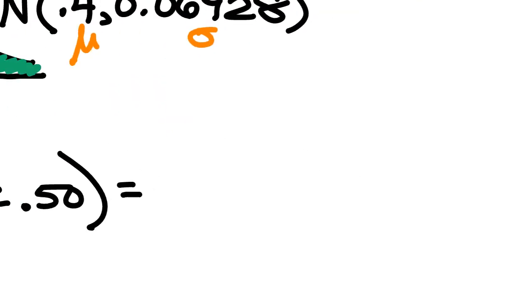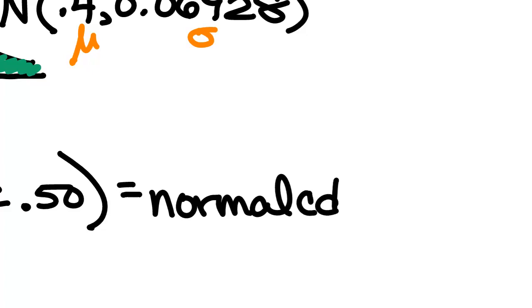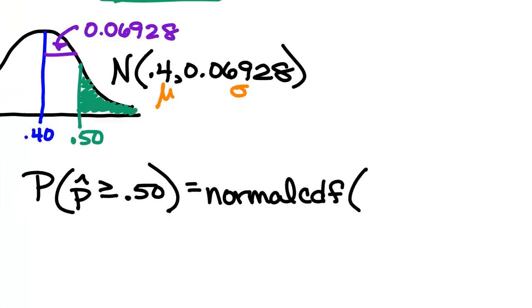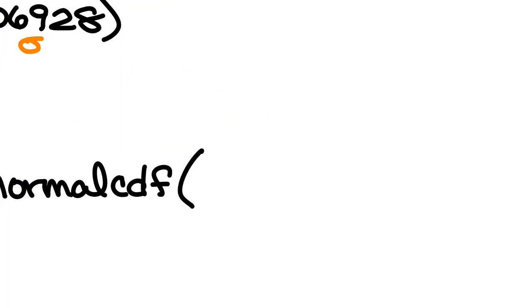Normal CDF. And what would I put in first? 0.5, because that's my lower bound. What should come next? A big number. You guys okay with like 1,000?